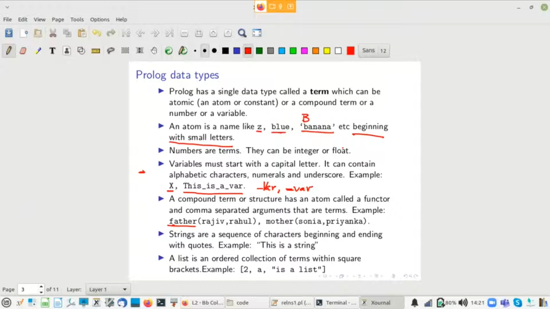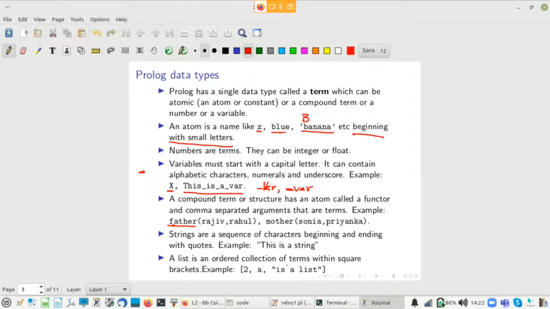Strings you have seen are also basically atomic terms. Strings are a sequence of characters beginning and ending with quotes. They can either be single quotes or double quotes. And finally, you have something called a list, which is very useful in Prolog to store sequences of things.